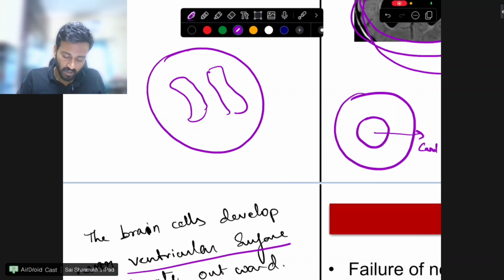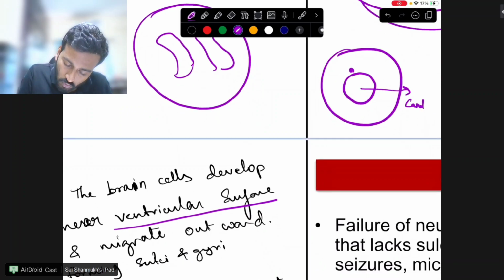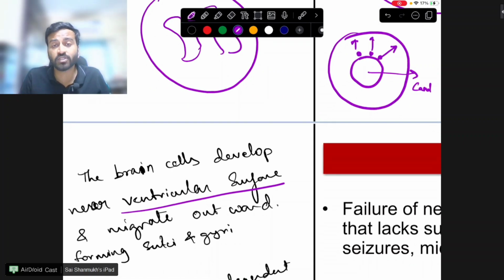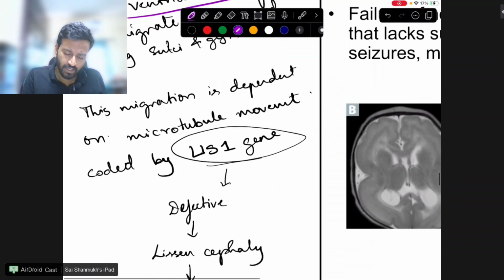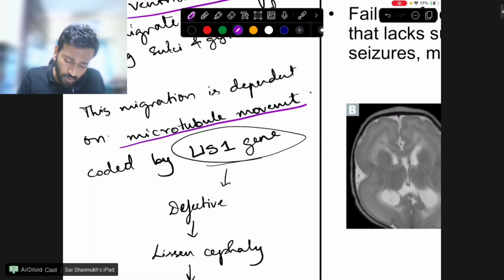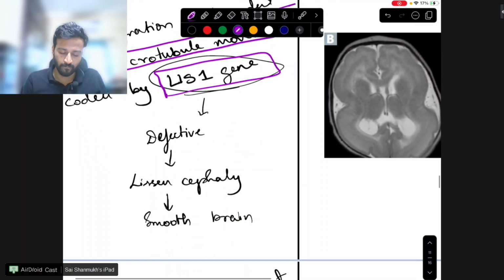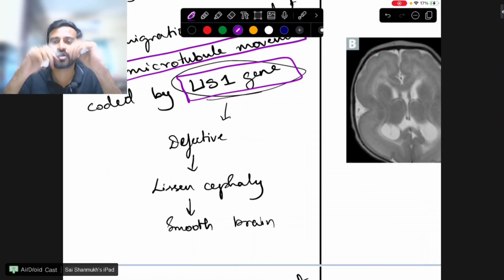There is fluid inside, and the development happens towards this side, and these cells migrate towards the outward surface. This will lead to formation of sulci and gyri in the brain. Apart from the other genetic coding, this is also an important factor, and this is governed by microtubule movement. It is dependent on microtubule movement, and this microtubule is coded by the LIS1 gene. If this is defective, lissencephaly, that is the smooth brain.